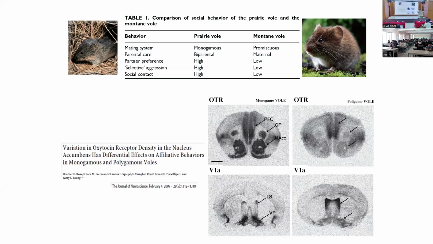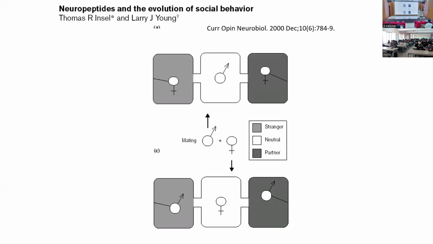But I wanted to demonstrate something using a very, very interesting experiment which has been done. It is called the three chambers experiment. Basically, it is possible to study one male or one female prairie vole, having three cages, three rooms, where in one there is an unknown animal, a stranger, and in the other chamber there is the partner, like in this case, the wife.